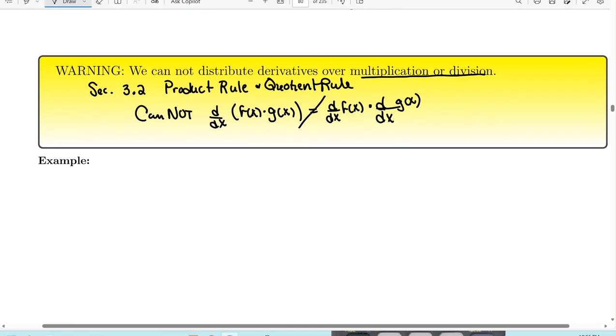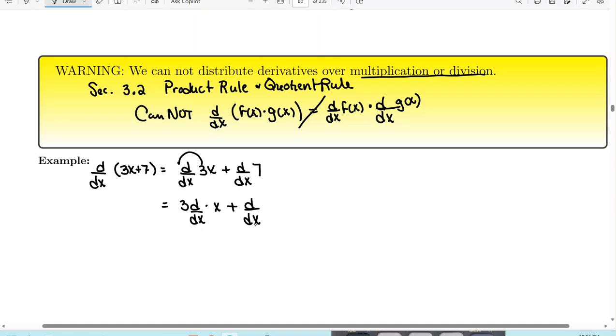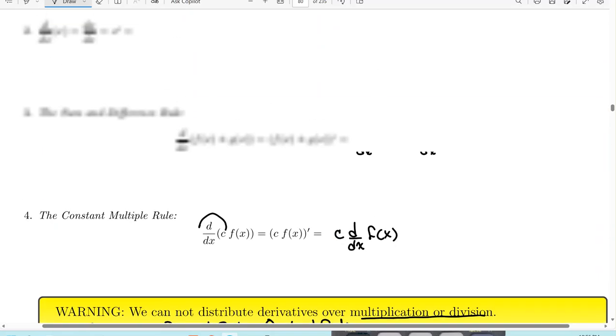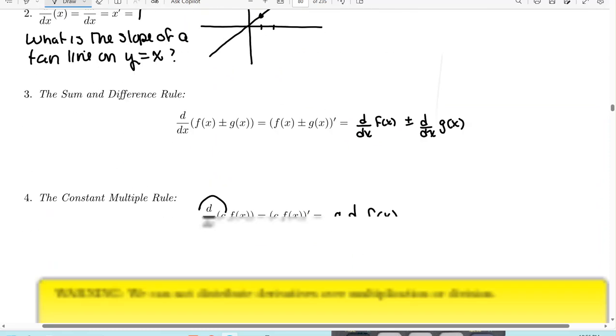So an example of the above rules, and we're going to again see that there's a way to shorten this, the derivative of, for example, 3x plus 7. All right, so I can break this up into the derivative of 3x plus the derivative of 7. I can pull the constant out in front of the derivative times x plus the derivative of 7. 7 is a constant, so the derivative of a constant, go back up at the top, is 0.